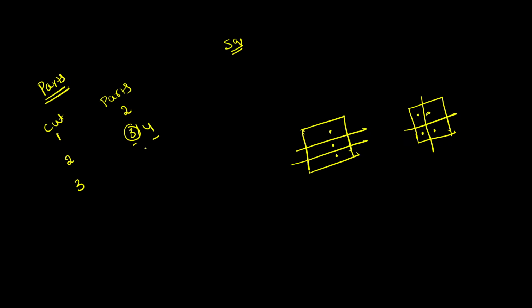If you make three cuts on a square, how many minimum parts do we get? When we make three cuts, I want you to make the three cuts through the same axis. So you will get 1, 2, 3, 4 parts. When you make 4 cuts on a square, you will get 5 parts. For n cuts that we make, we will get n plus 1 parts.